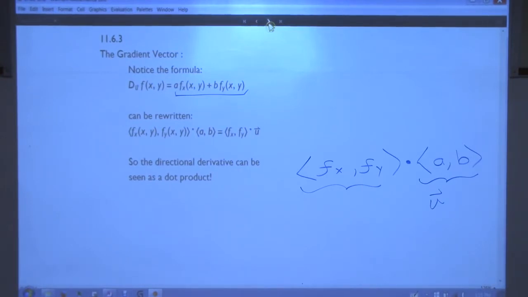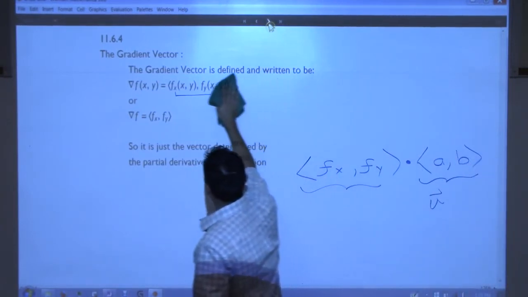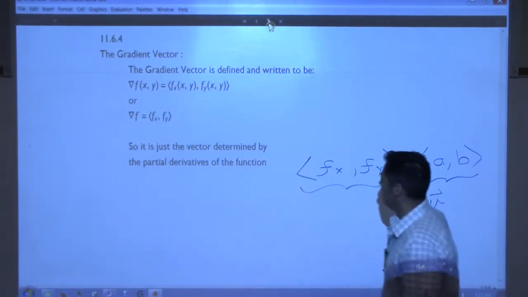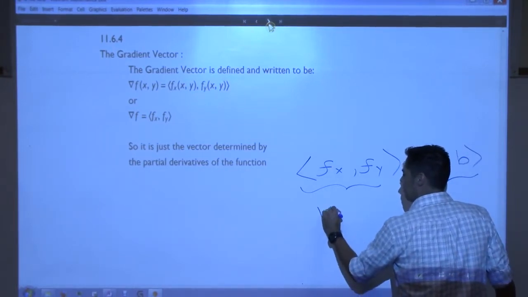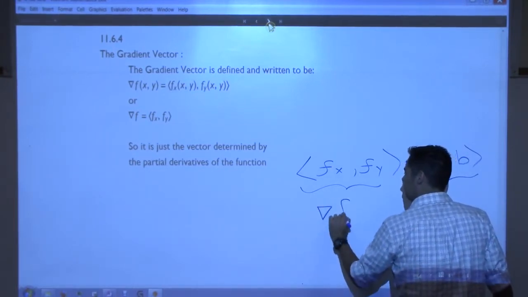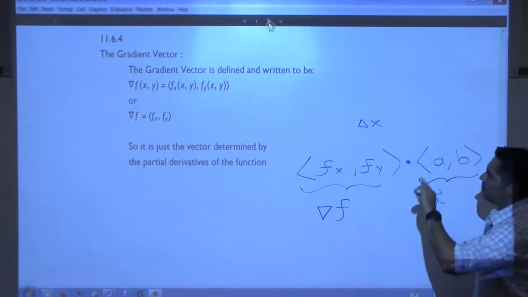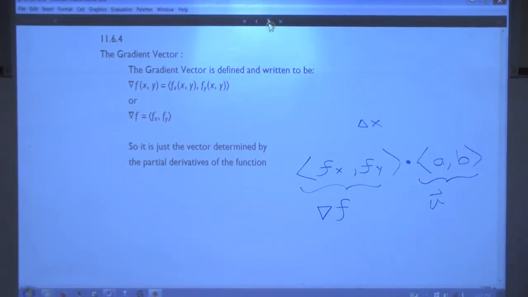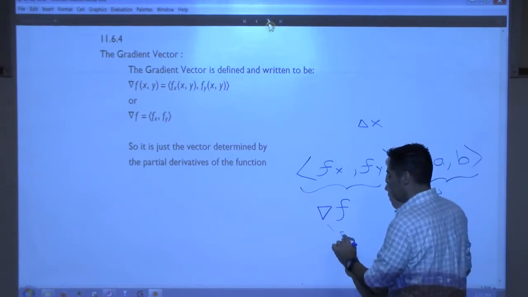The next note is where we define the gradient vector. So the gradient vector is defined as follows, and that's what I wrote right here. You've seen the delta before, right? Delta x, change in x, right? You've seen that before. Flip that delta over. That's the symbol we use for the gradient. And this symbol is called del, okay?